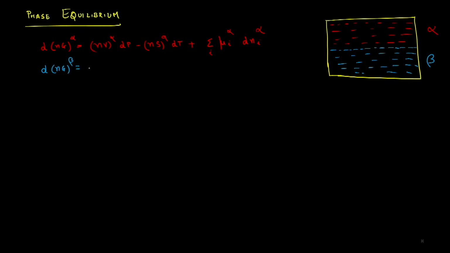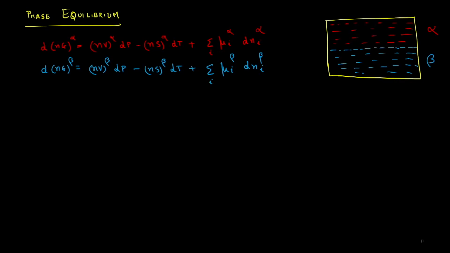d(Ng) beta is going to be equal to Nv beta dP minus Ns beta dT plus sigma over i of mu i beta dNi beta. Right.